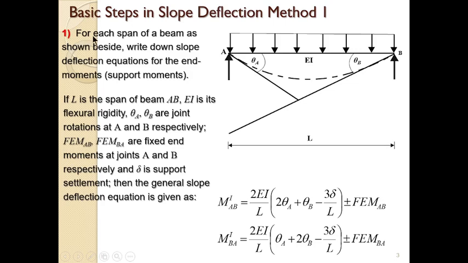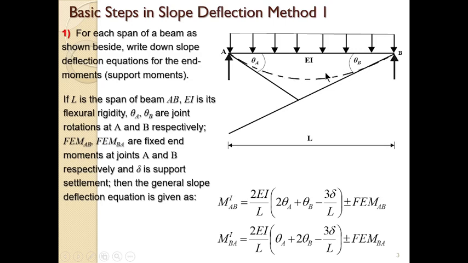So these are the basic steps. The first step is that for each span of a beam, as shown beside, write down the slope deflection equation for the end moment. The end moments are the support moments, not the fixed end moments. Note, if L is the span of a beam AB, this is the deflected shape of the beam.